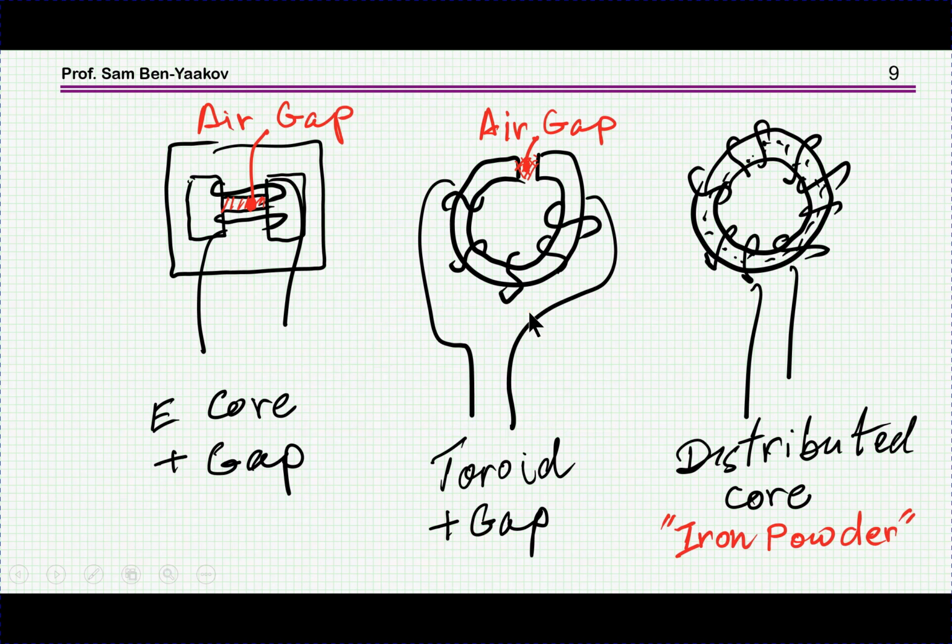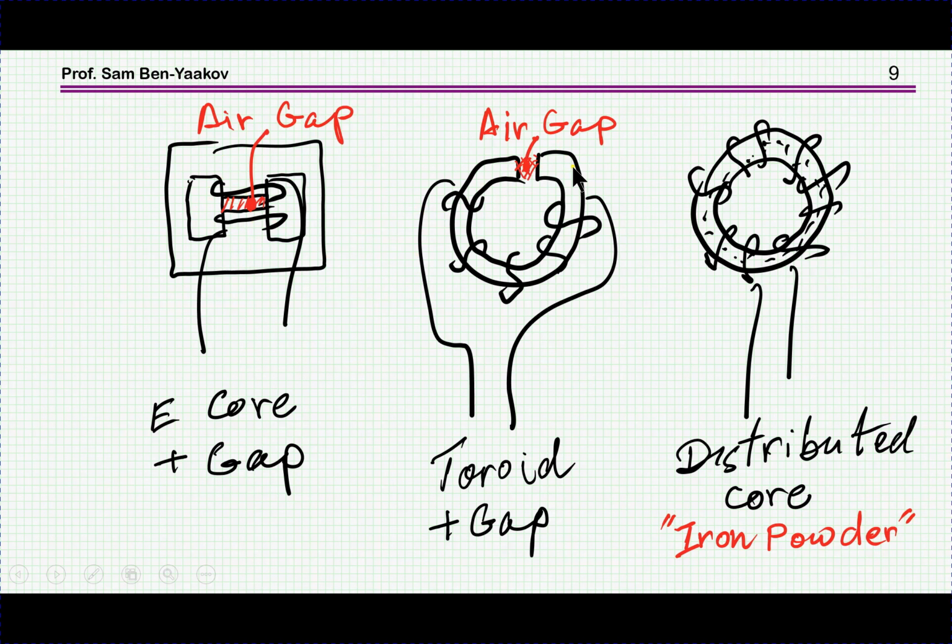Now, when it comes to power inductors, here are shown the basic three types. We have an E-core, two E-cores actually clamped together with a gap in between.